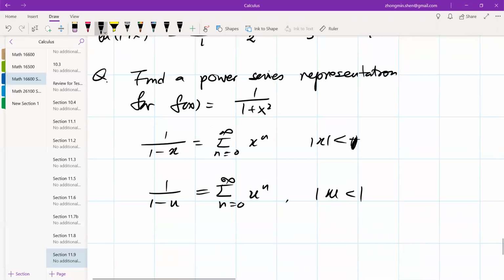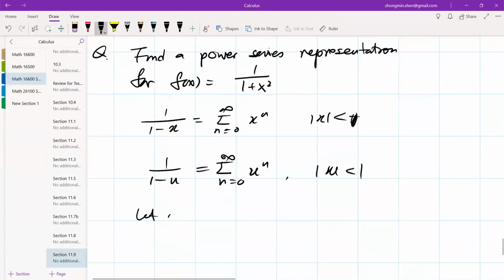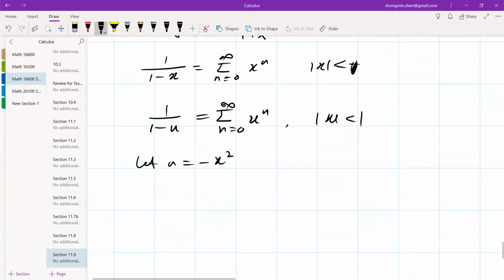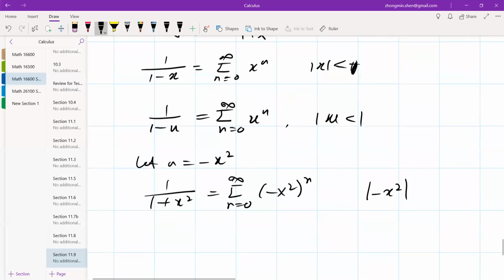Just change the variable. Then I let u be negative x squared, right? No problem. All right, then what do I get? It's going to be 1 plus x squared equals the sum of u, negative x squared, to the power n, and the absolute value of negative x squared is less than 1 here.